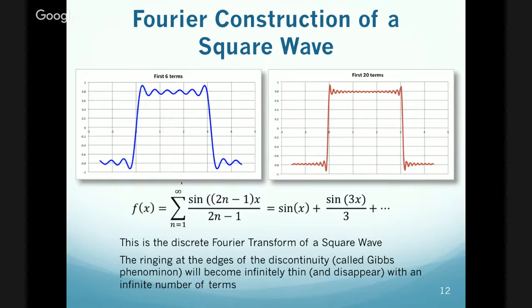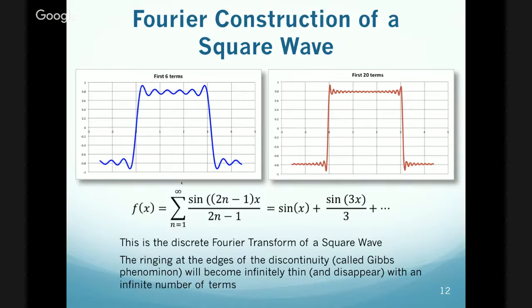Those big steep sides are hard to reproduce. It takes lots of frequency components in order to make those steep sides. So it's important to understand you need lots of frequency components to create steep sides. Why is that important? Well, if we want to look at a steep edge in an image, we need lots of frequency components. So that's an important thing.